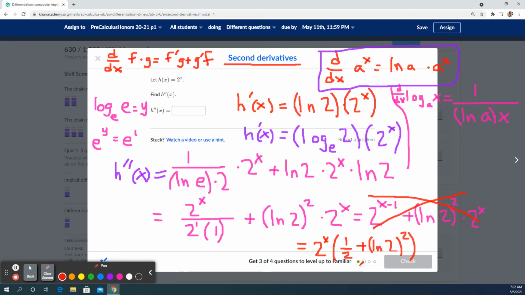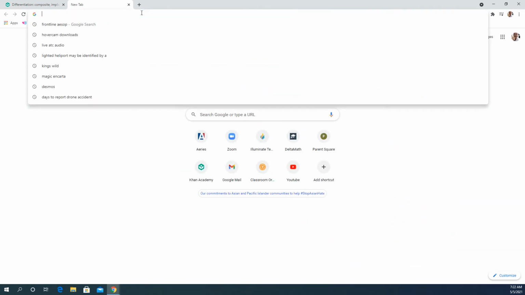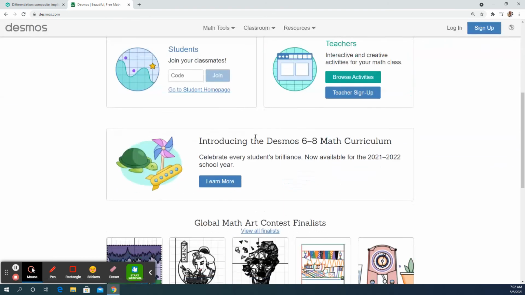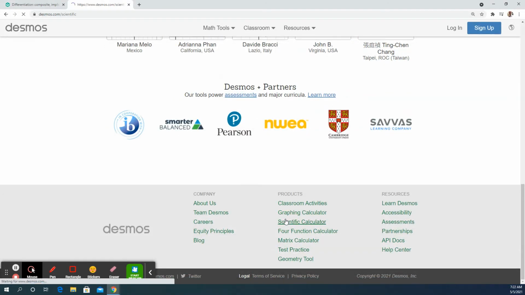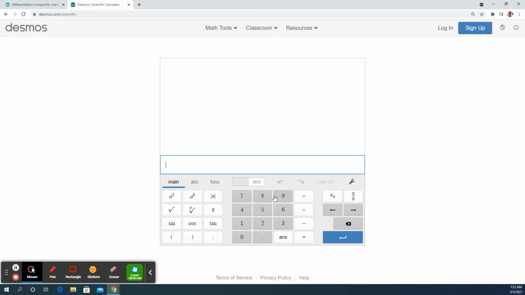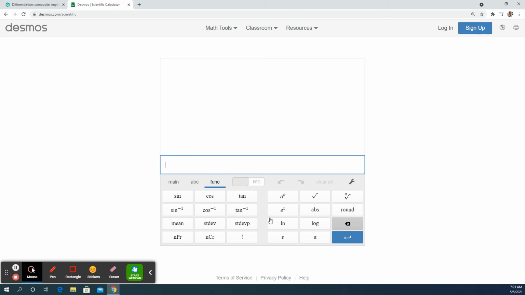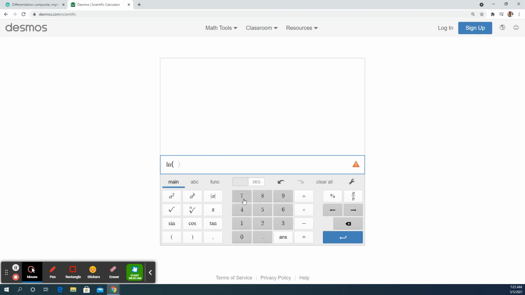All right. ln of 2 quantity squared. Let's see if that does anything. I don't think it does. Let's check Desmos. ln of 2 squared. Let's first see what ln of 2 is. Natural log of 2.